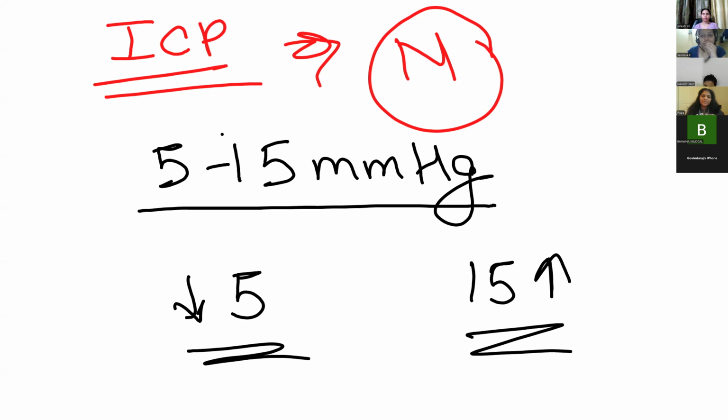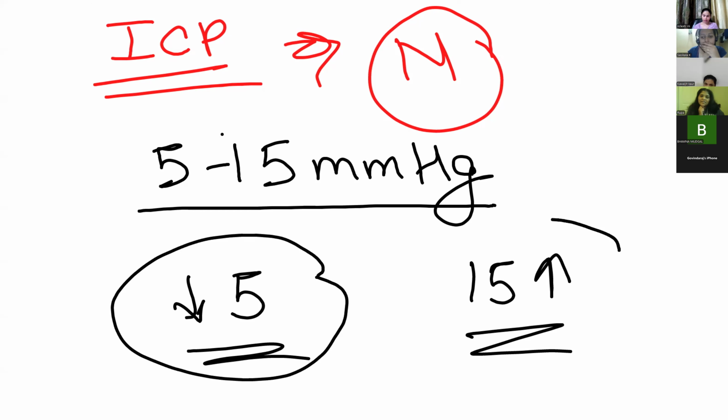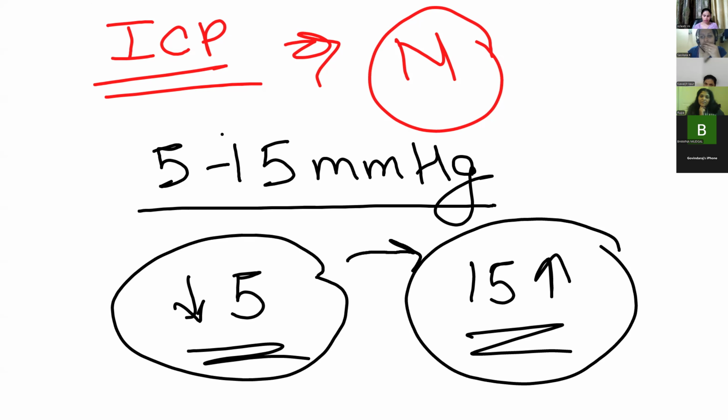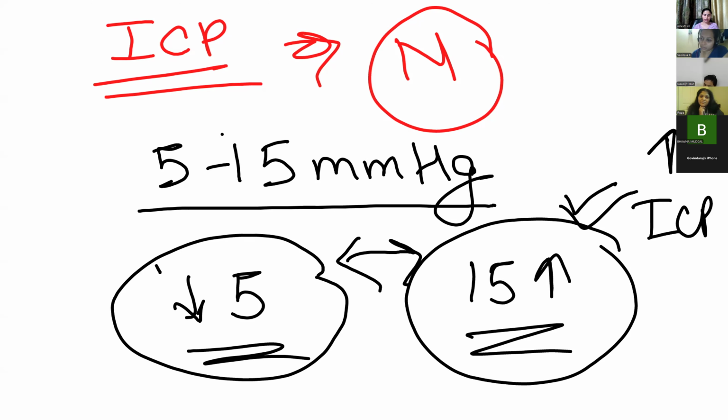Why? It is not in normal range. If it is more than 15, it is increased ICP. If it is less than 5, it is decreased ICP. So we have learned, if there is anything which is not normal, then it does have some impact on our body.